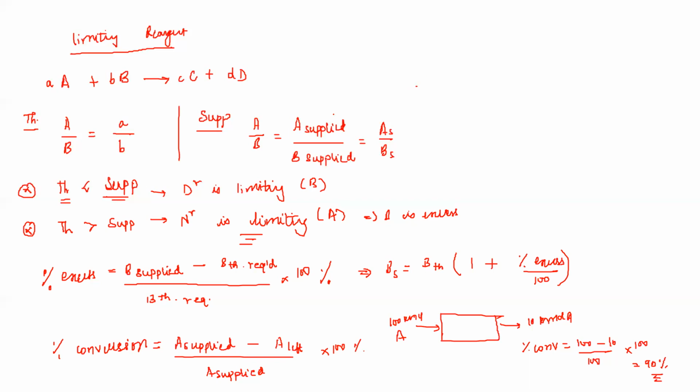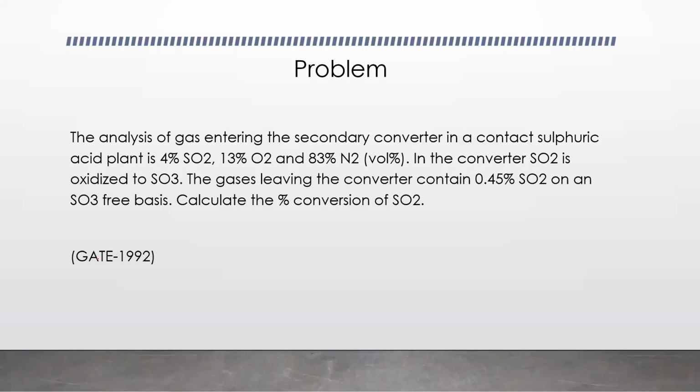This problem came in GATE 1992. The analysis of gas entering the secondary converter in a contact sulfuric acid plant is 4% SO2, 13% oxygen, 83% nitrogen, volume percent. That means mole percent. In the converter, SO2 is oxidized to SO3.